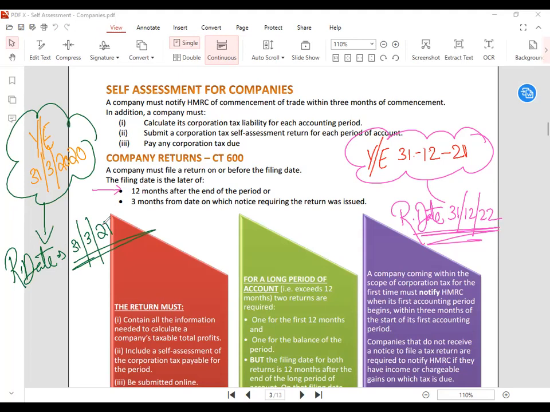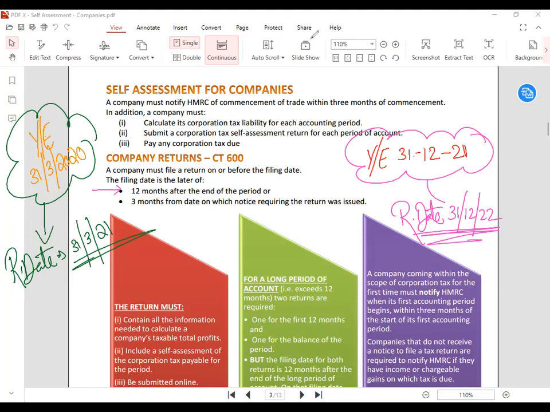Any month and date will remain the same, but the year will be next year. Got my point? This is known as the standard return date.